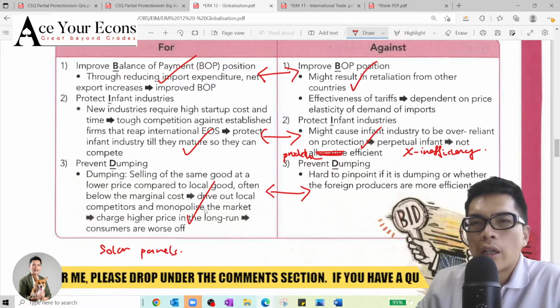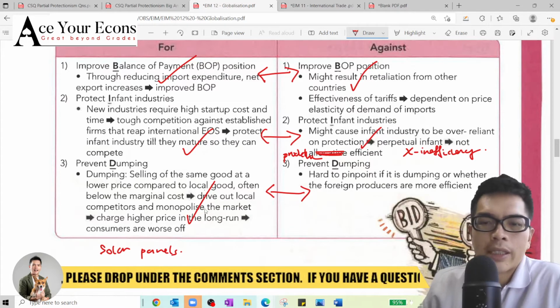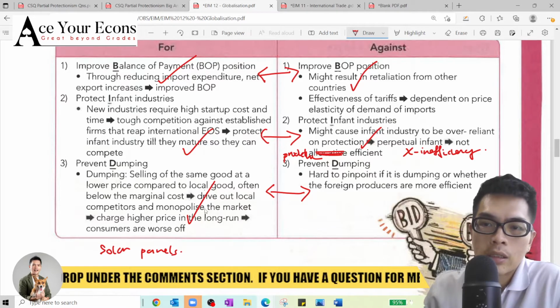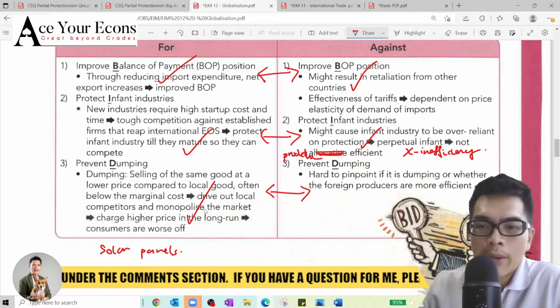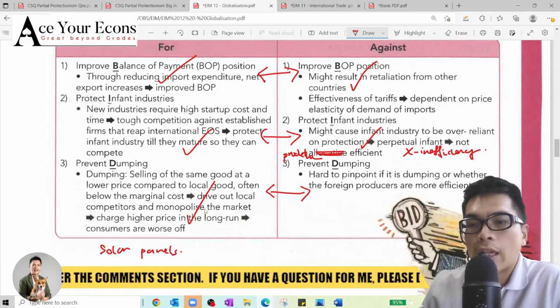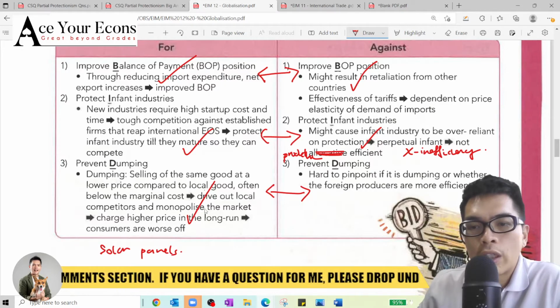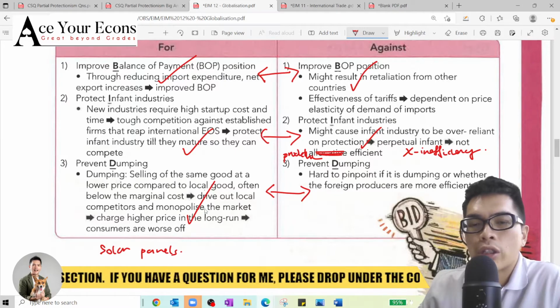We can never be 100% sure that the foreign imports are being dumped in the domestic market. Dumping means that they receive illegal aid, right? It could be that the foreign imports genuinely have a comparative advantage and a lower production cost.